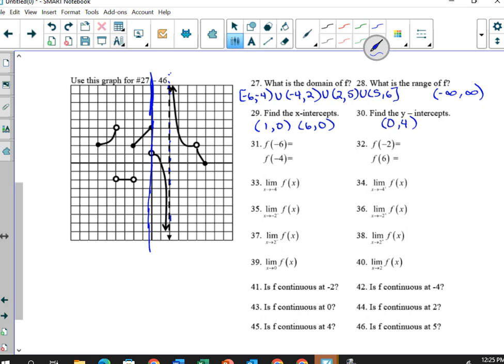Okay, f of -6, what does that equal? 2, yep. f of -4? No, it's not a thing. It does not exist, right? All right, f of -2. Good. And f of 6?